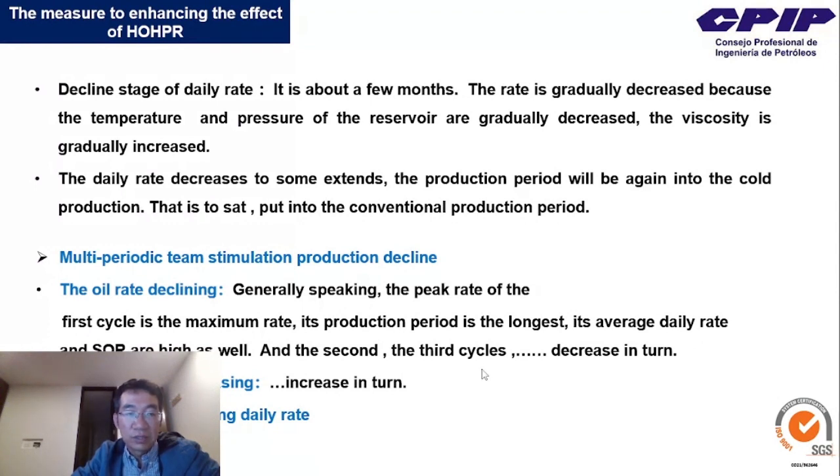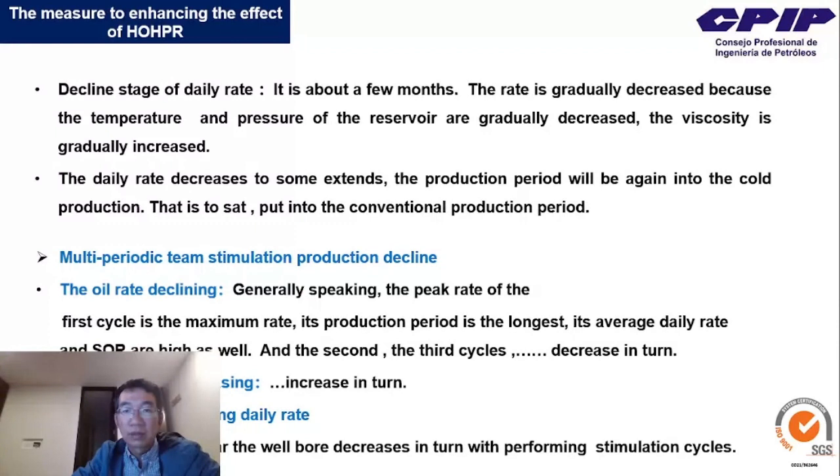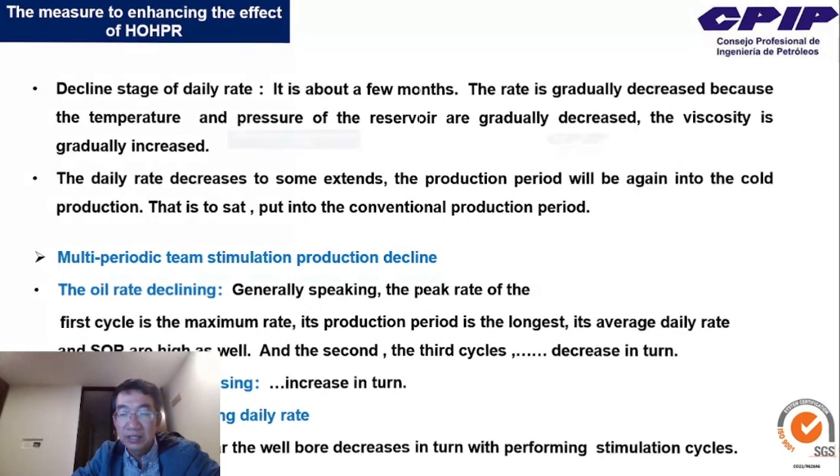And 4.3, the cause of declining daily rate. The oil saturation near the wellbore decreases in turn with performing stimulation cycles.